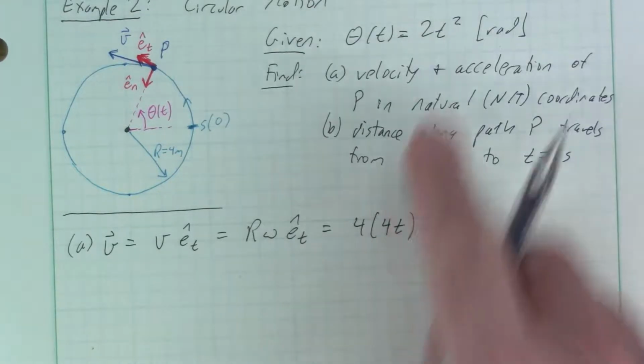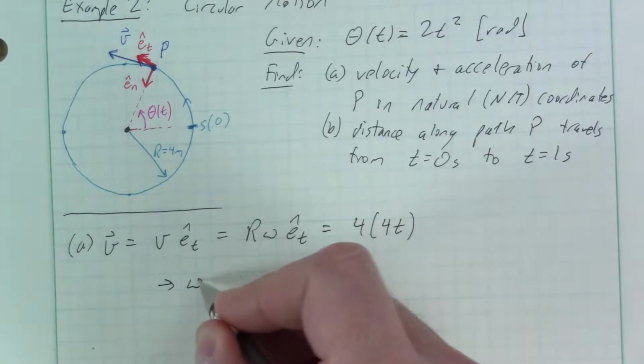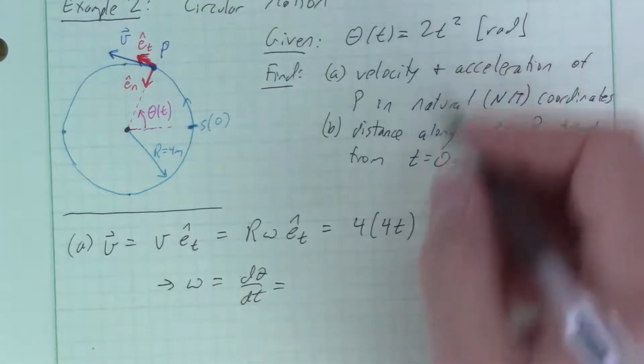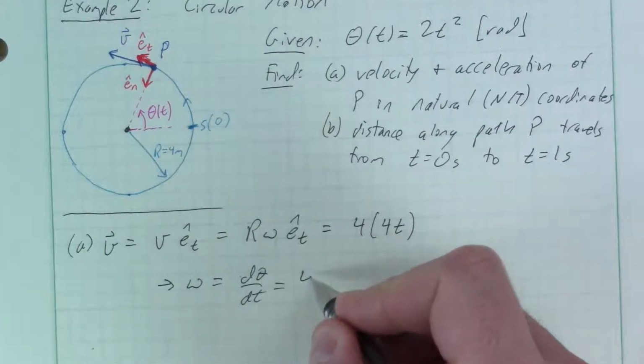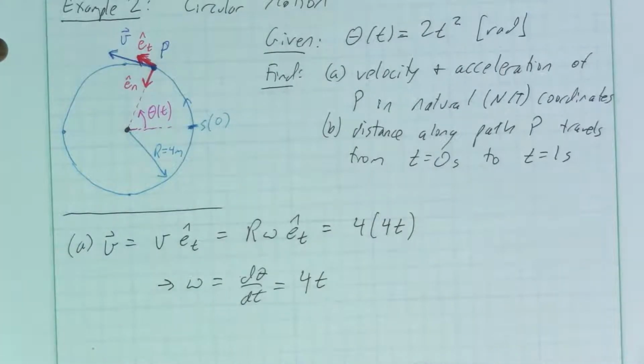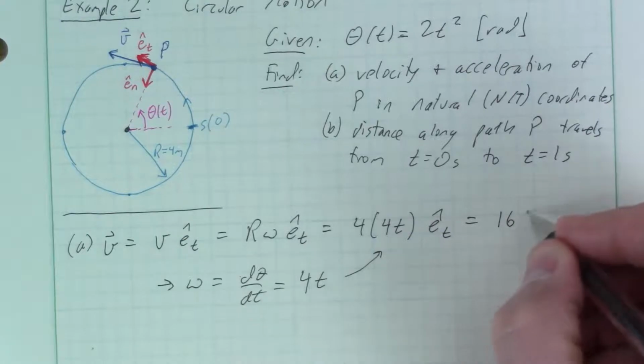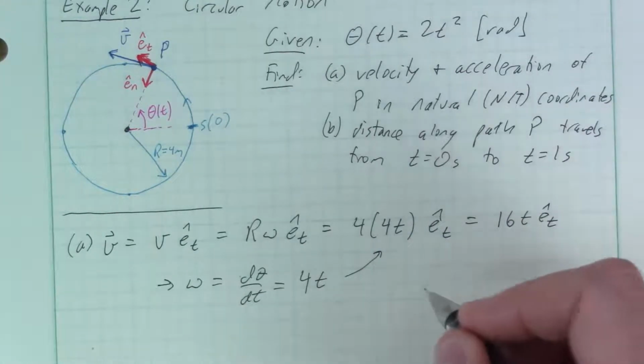Omega is d theta dt, and since theta is 2t squared, 4t is our omega, and that's why that's plugged in there, which equals 16t e_t, and that's it.